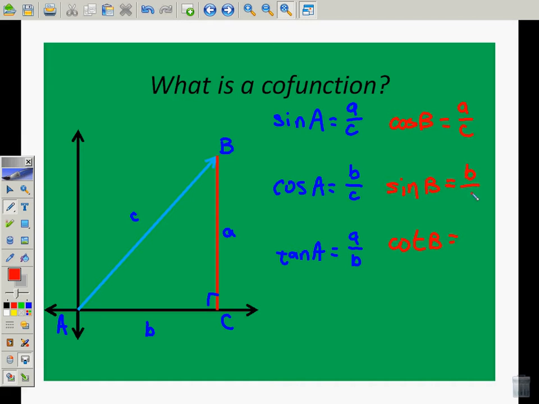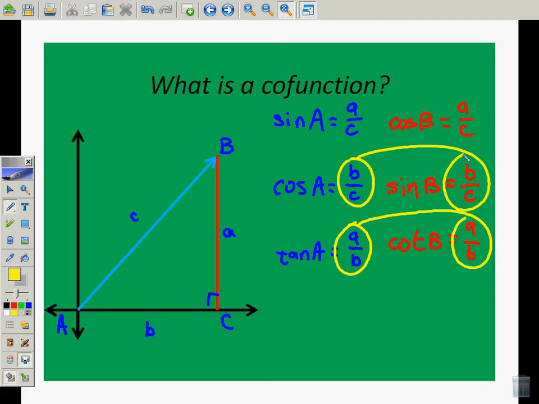The cotangent of B is going to be adjacent over opposite, so A over B. I don't know if you noticed what just happened right there, but let me give you a subtle hint. They're the same. They are the same. Now, the distinction here is I've got sine and cosine, and tangent and cotangent.